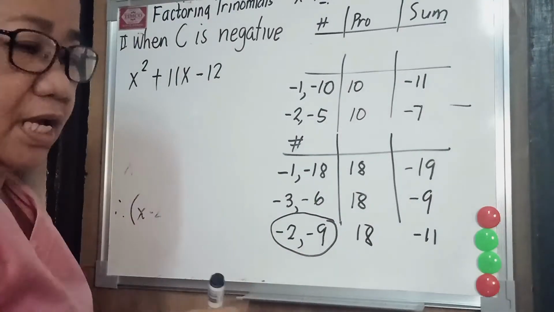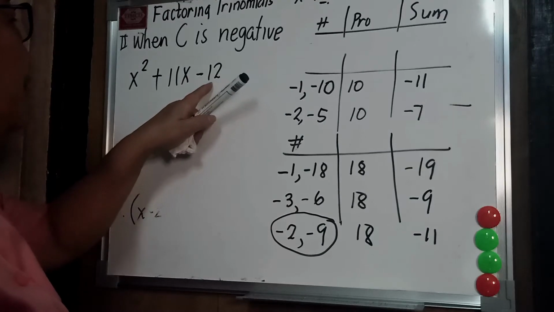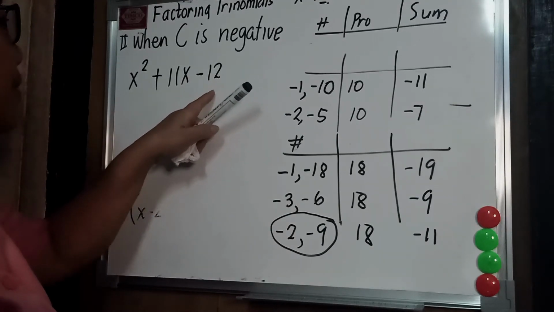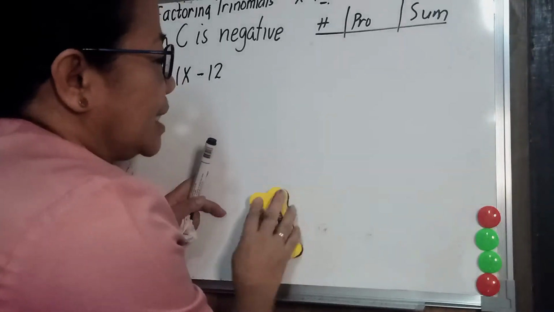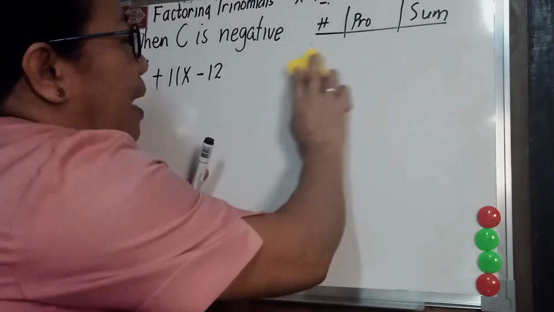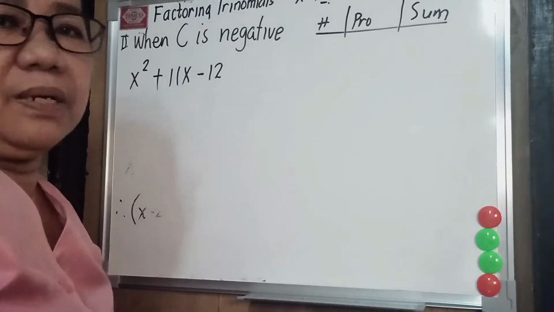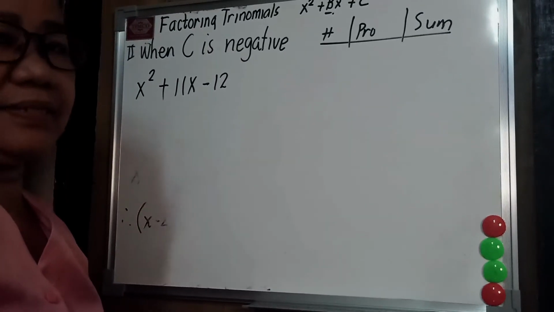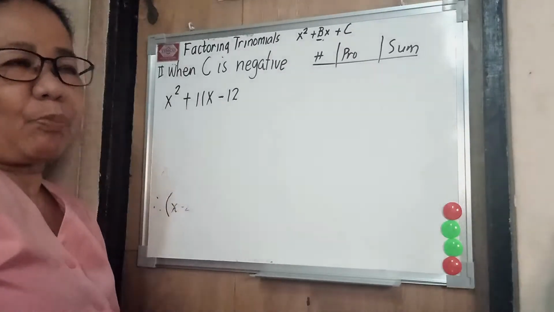Okay. So, you will notice now that the sign of your C is negative. So, it is negative 12. So, let us find the pairs of numbers that when multiplied together will give us negative 12, but when added together will give us positive 11.